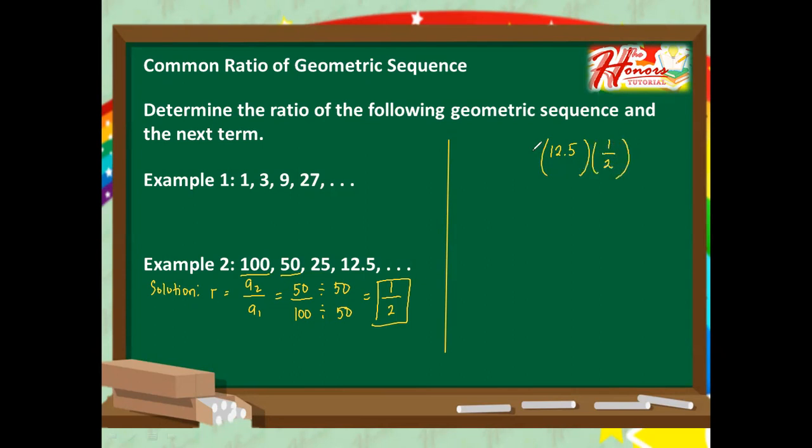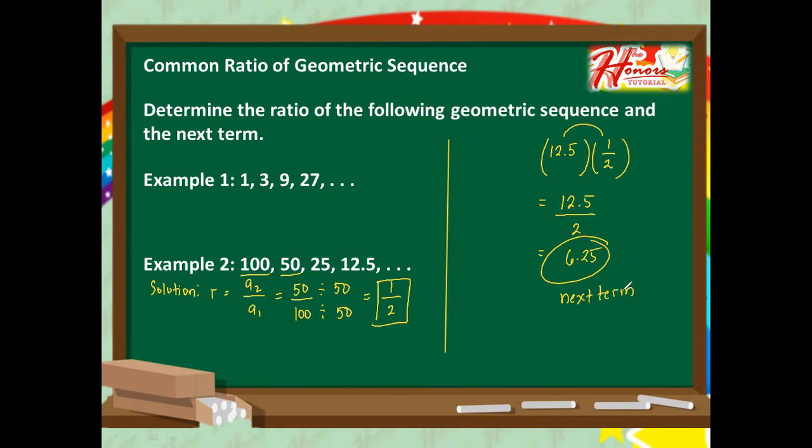This is the second way of solving it. Since it is a whole number, you multiply it to the numerator. So this is 12.5 over 2. 12.5 over 2 is equal to 6.25. So 6.25 is our next term.